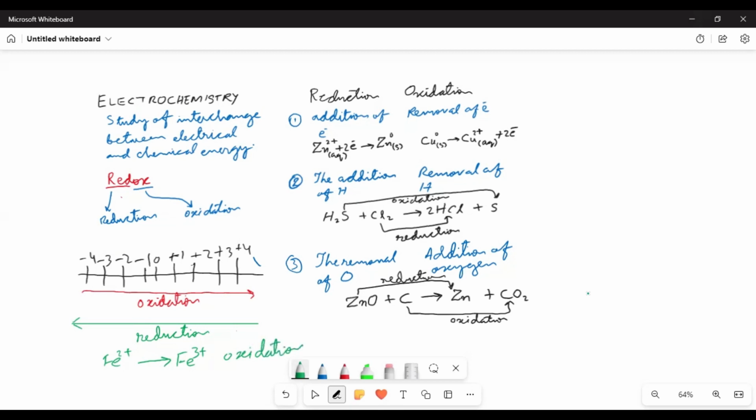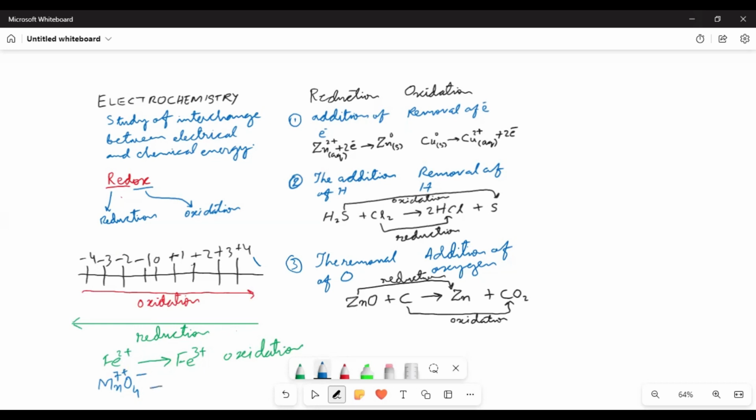But on the other hand, take an example, for example, MnO4 minus, this is manganese 7 ion, that is also called permanganate ion. If you find the oxidation number of this manganese, you will find it is +7.